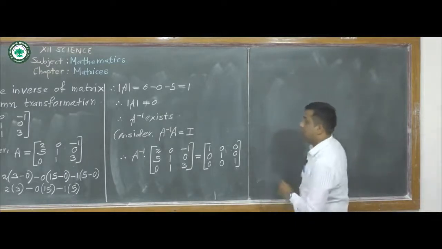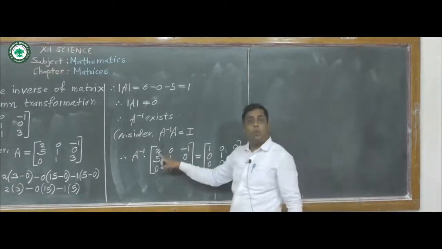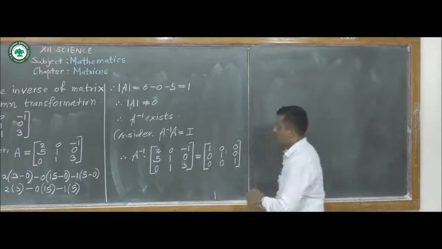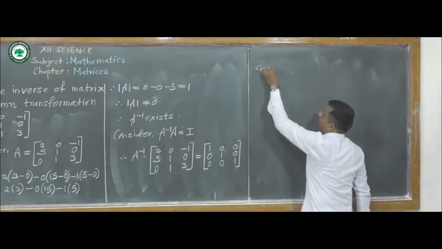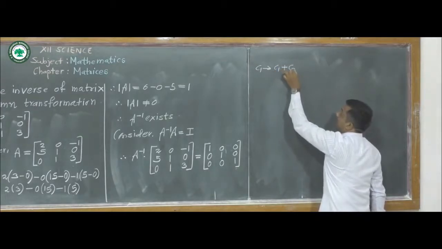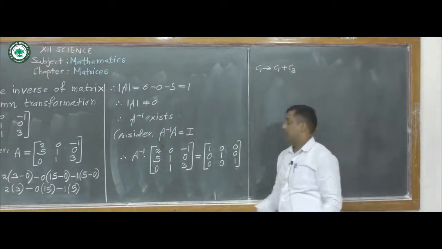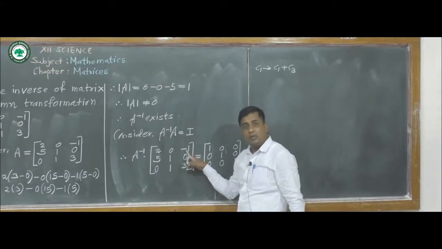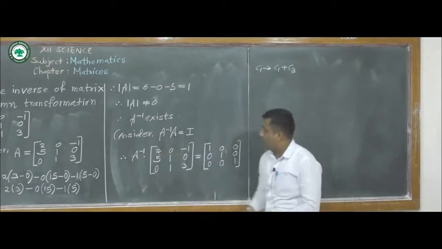I repeat, we have to make this 2 into 1, so C1 becomes C1 plus C3, that is 2 minus 1 is 1. So here we get 1.